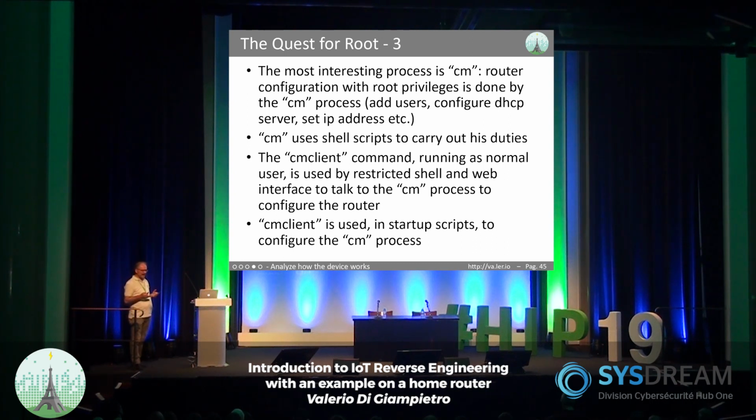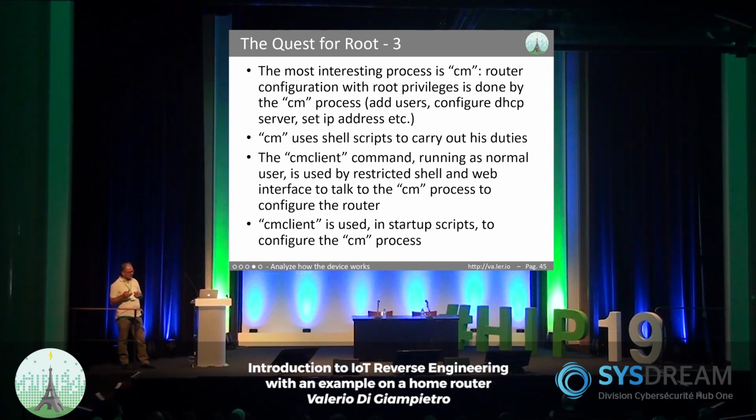On the router, there is also the CM client command that is executed as a normal user by the web interface and by the restricted shell, which talks to the background CM process to do the change. In this way, the router seems well designed, because only permitted configuration changes are allowed.